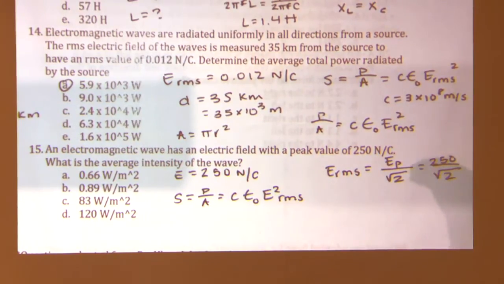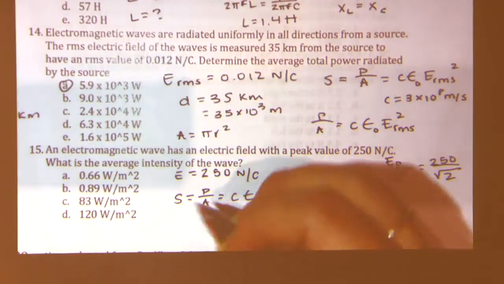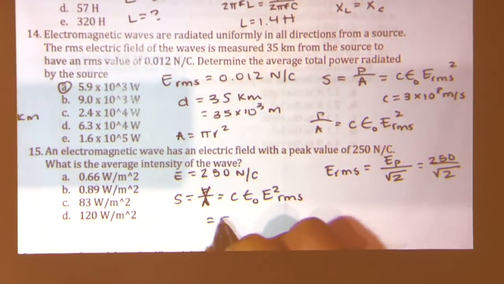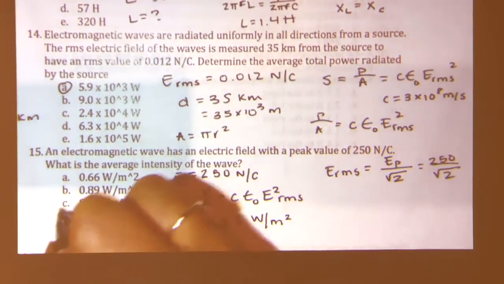But once you solve for that E RMS, you can plug it in here along with your speed of light and your epsilon naught. We're not going to be worrying about power over area in this equation, and we'll be solving for our intensity. And I got that to be 83 watts per meter squared, so C.